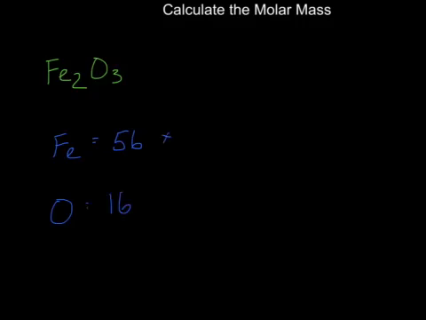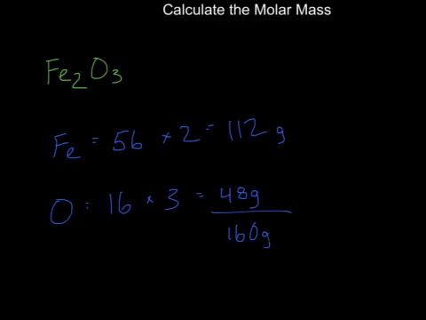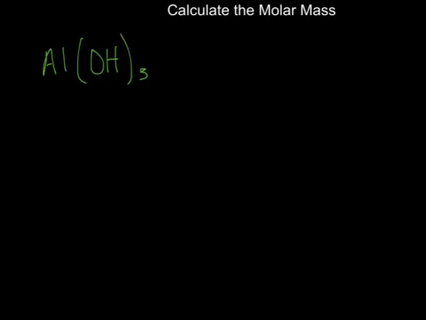We're going to multiply that by 2 because we have 2 irons, multiply by 3 because we have 3 oxygens, 112 grams of iron and 48 grams of oxygen. Add them up and get 160 grams for the molar mass of iron 3 oxide. Hopefully by now you're seeing a pattern and you have a grasp on how to do this yourself, but let's continue with the last 3.